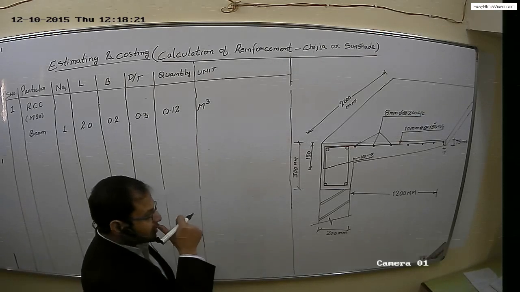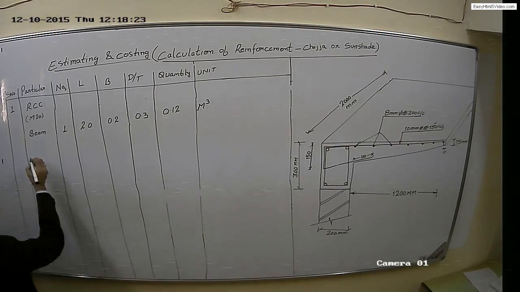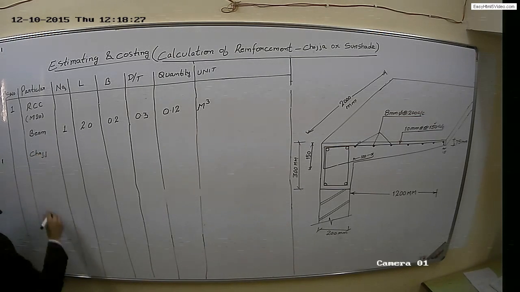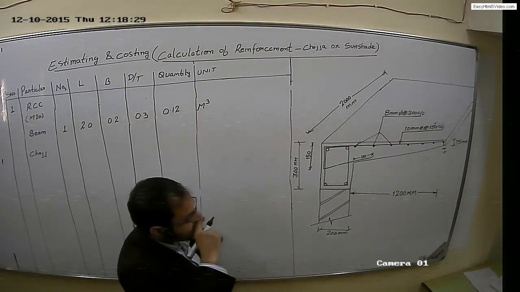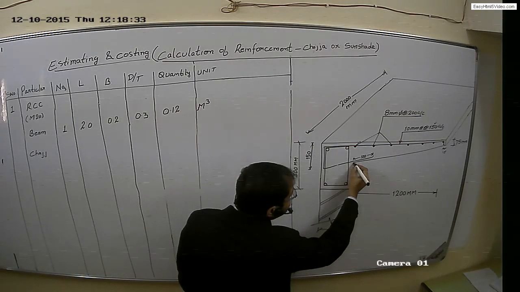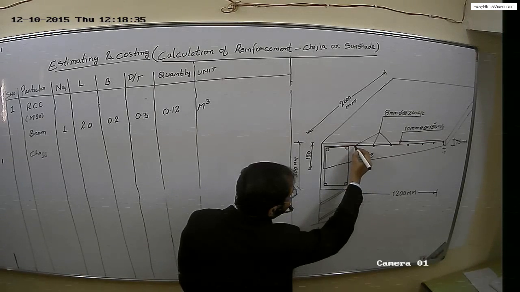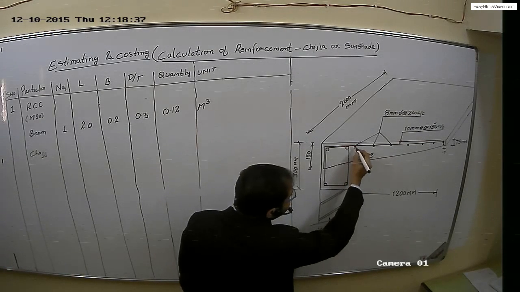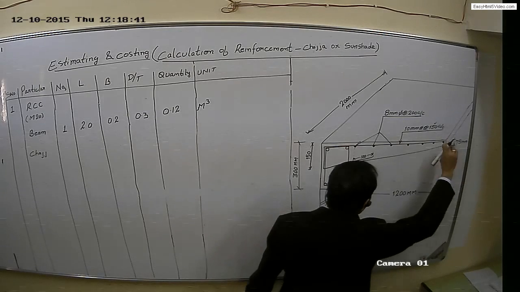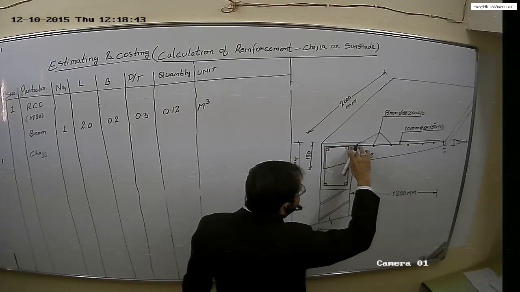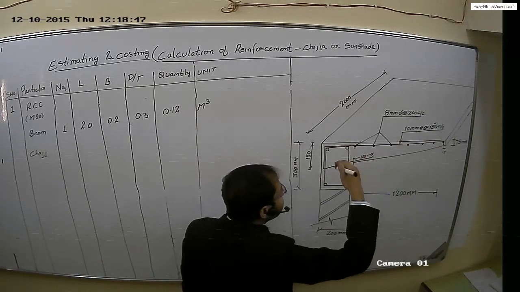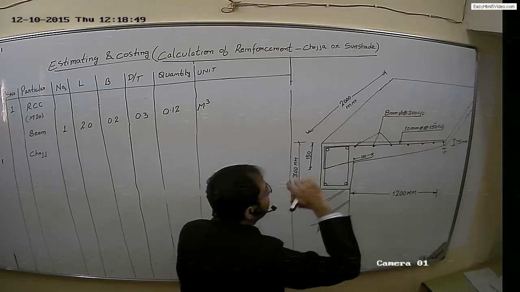Now, for Chajja, you have to calculate the RCC from here, this trapezoidal portion. This length is 75 mm, this is 150 mm, and the length is 1200 mm, and the width of the Chajja is 200 mm.